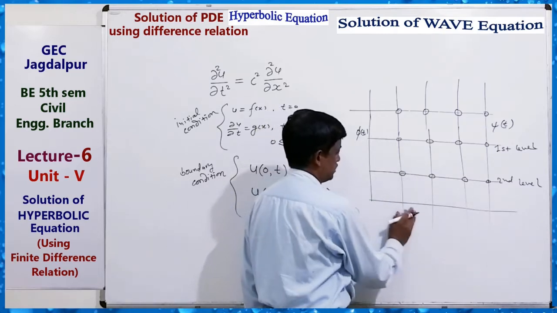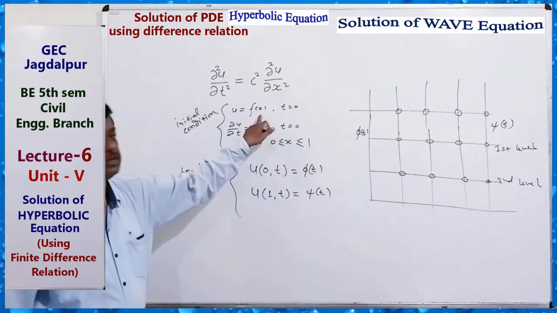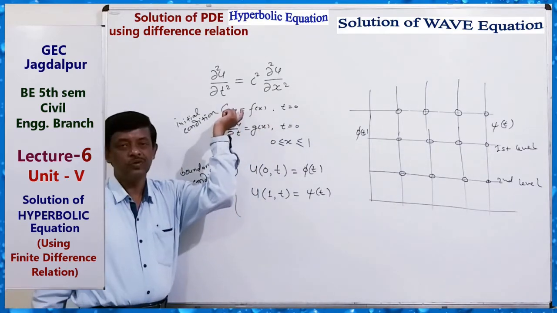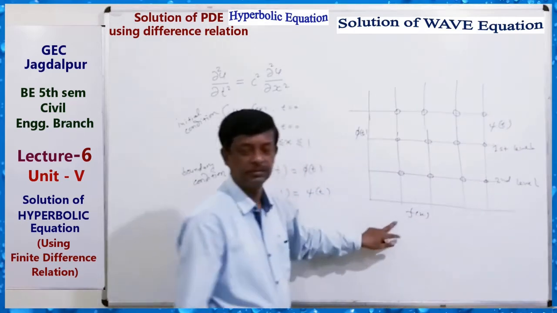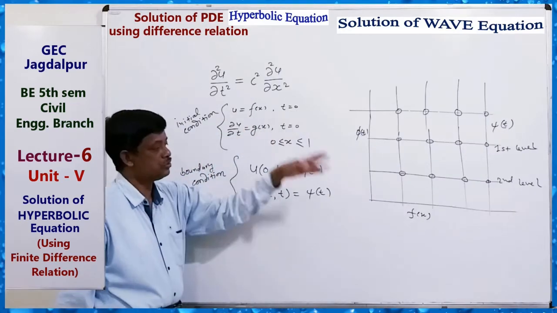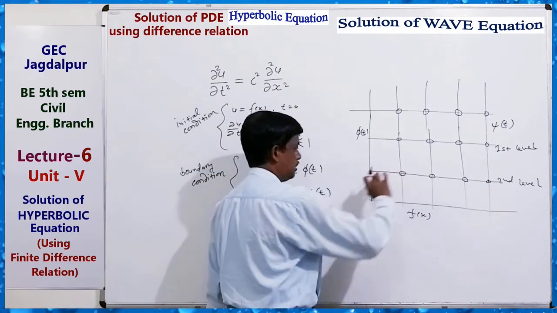And here the initial value of the function at the t equals 0 level is f(x).